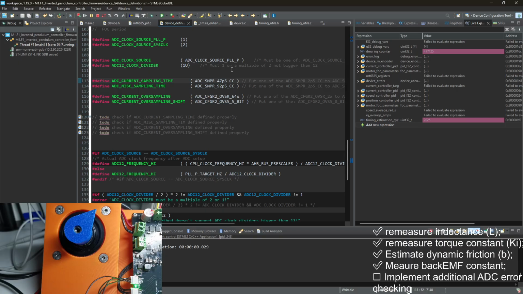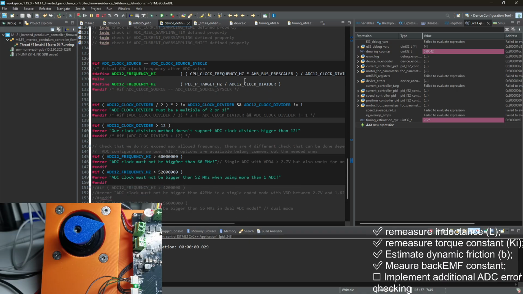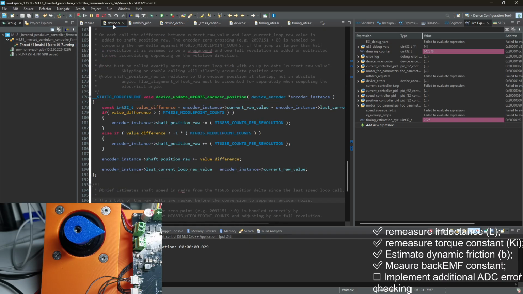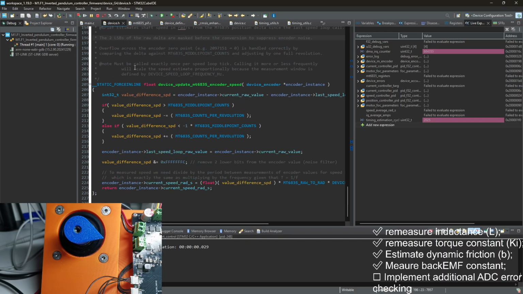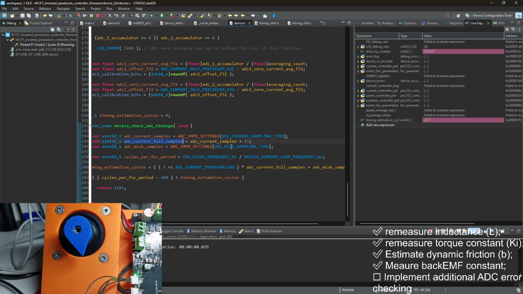Okay. 64 is 5. Where is the formula? Current samples. Current oversampling.